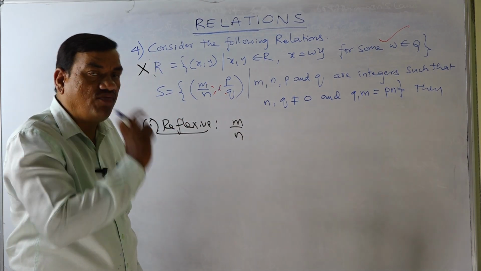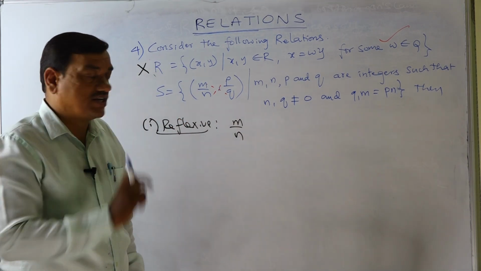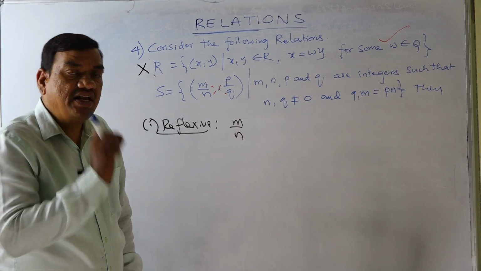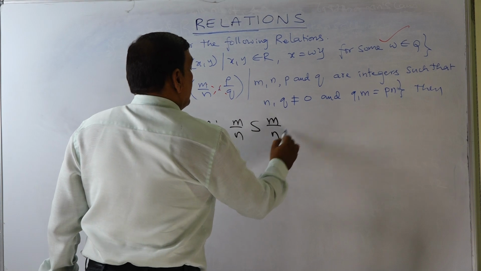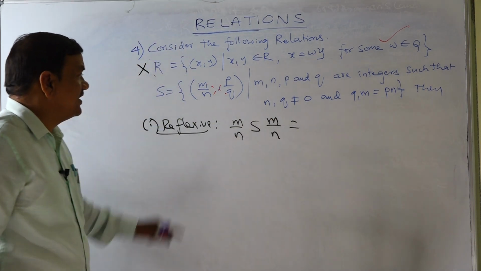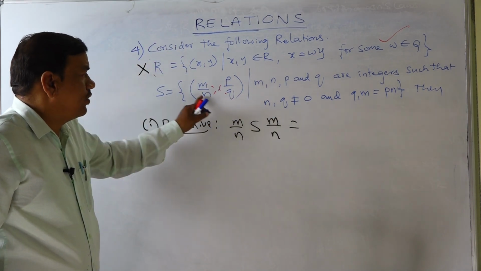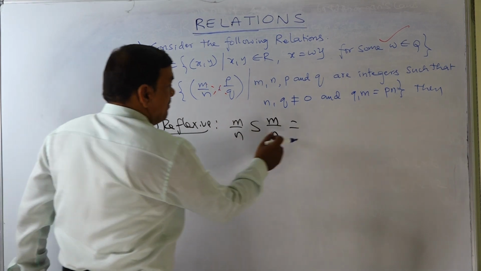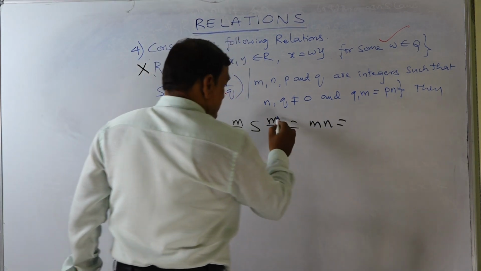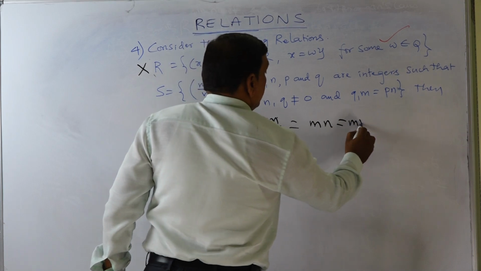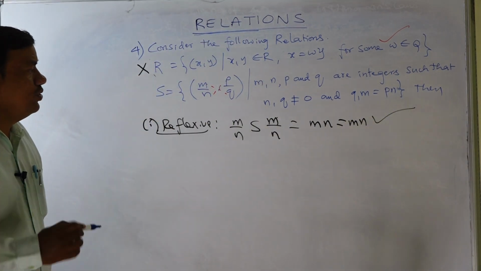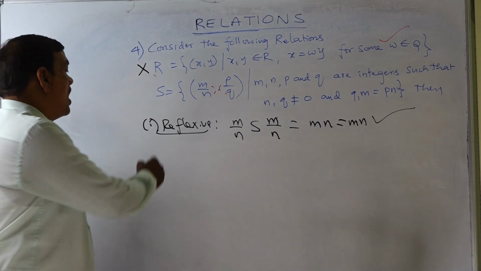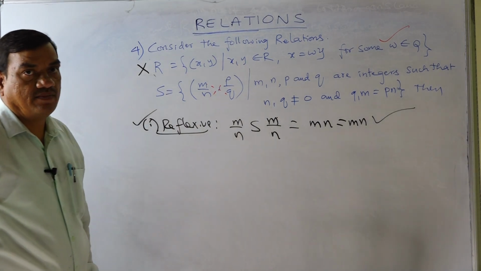We have to take one fraction to check the reflexive. Let us take the fraction m by n related to m by n. Check it: m into q is equal to p into n, that is m into n is equal to m into n. Right or wrong? Yes, right. So, S is a reflexive relation.